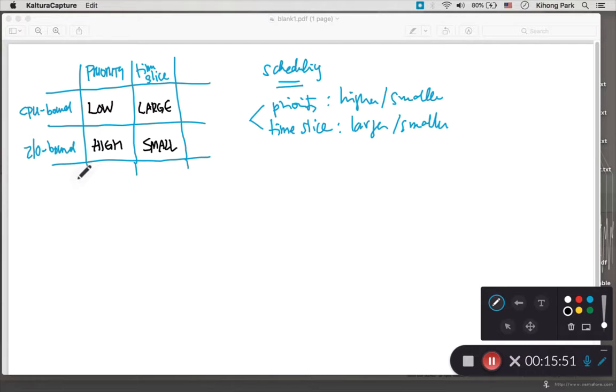So this table and these tendencies, these biases as shown here, that has been the general tendency and the general approach in coming up with how process scheduling is done in operating systems.